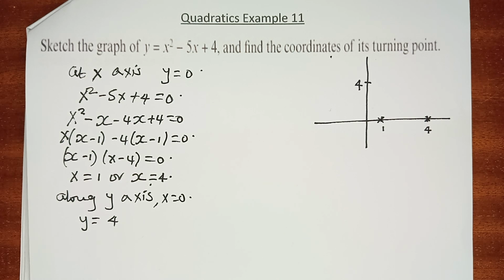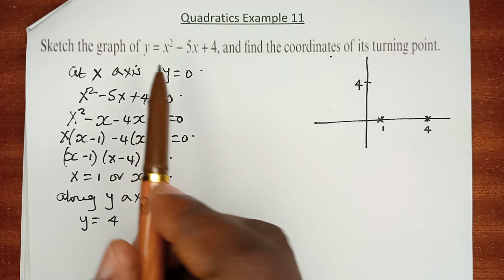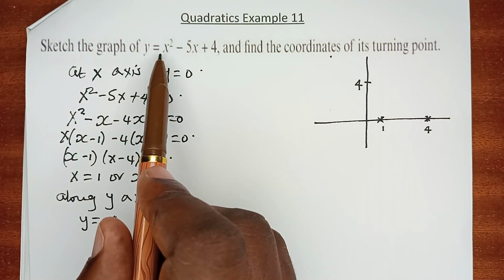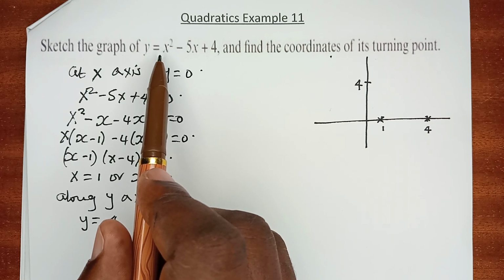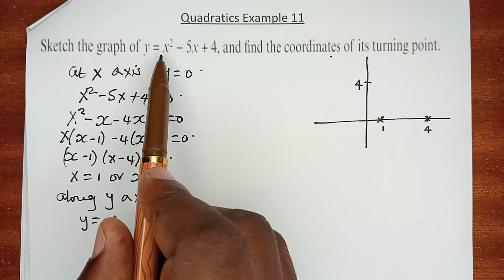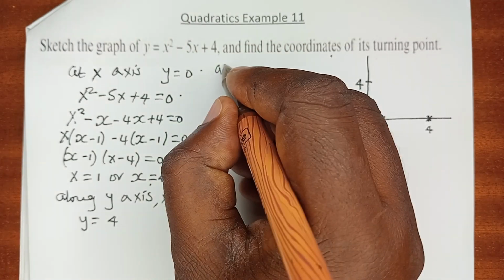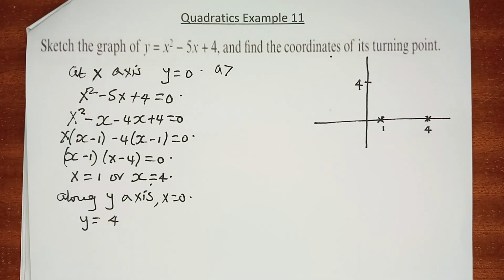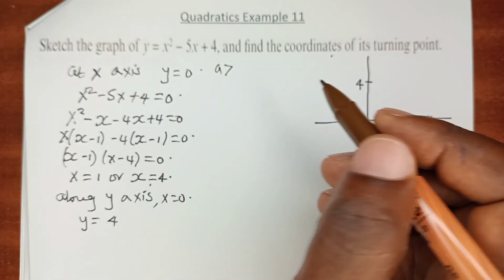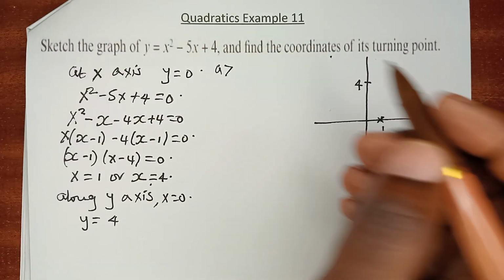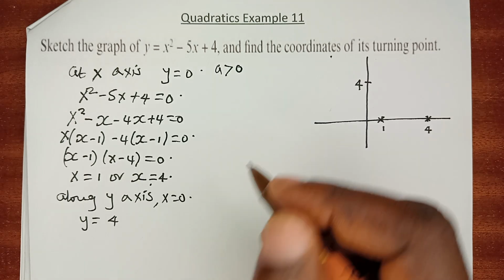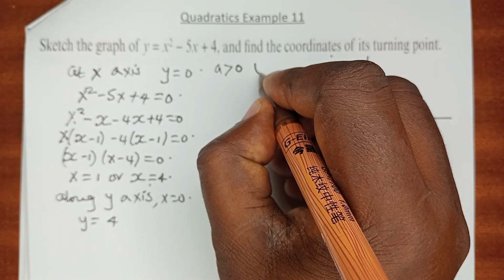That is okay. Before we go to the turning point, we know the nature of this curve. We have always said that when the coefficient of x squared is positive, and we can see our a is 1, a is greater than 0, then we have a U-shaped curve.